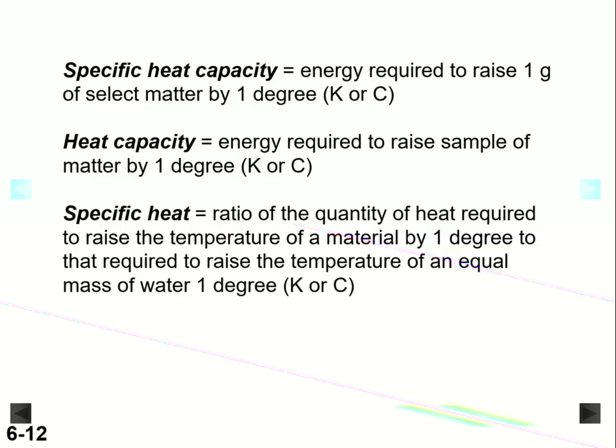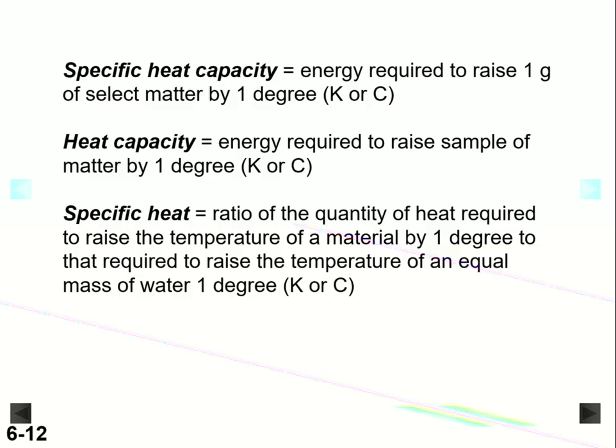So it's going to be joule per gram Kelvin. The heat capacity would be for a particular system you're looking at. That's the energy required to raise a sample of matter by 1 degree. So you might have 15 grams of water, for example. So 15 times the specific heat capacity would give you the total heat capacity, or the heat capacity for the system.